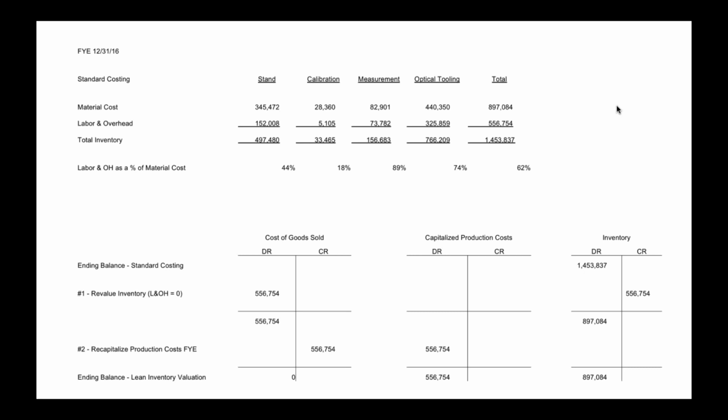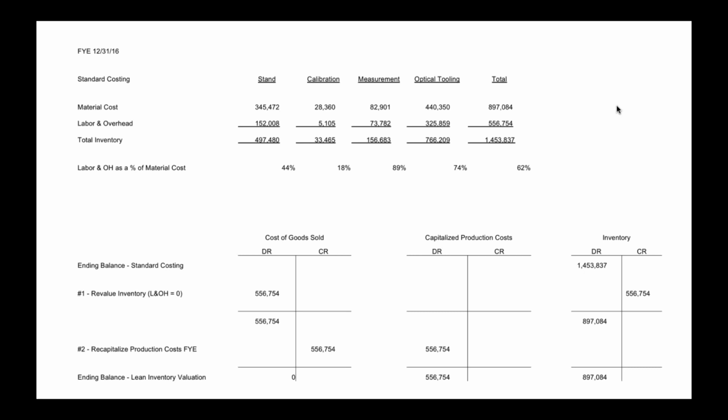Because these value streams are quite different in the products they produce, this is why we have differences in the labor and overhead as a percentage of material cost. So what we're going to do is use these percentages maybe for the next year to help calculate the actual production costs. And I'll show you that on the next slide.